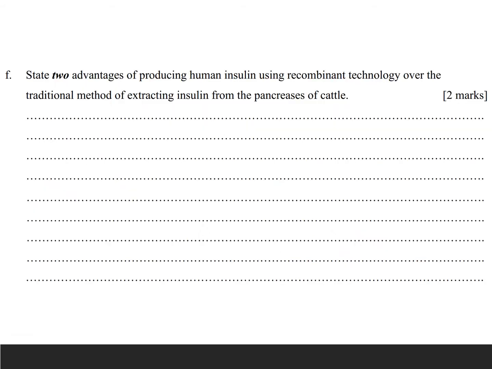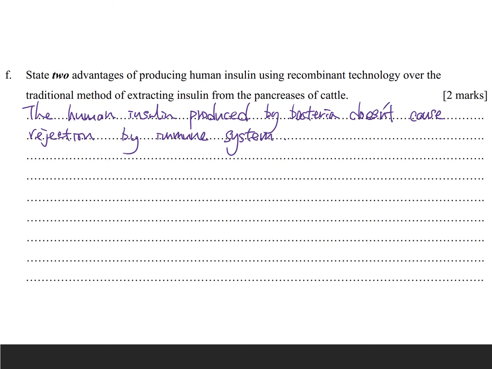Let's take a look at the questions from your classwork 28.1. Question F, state two advantages of producing human insulin using recombinant technology over the traditional method of extracting insulin from the pancreas of cattle. So what are the advantages of doing the recombinant technology? That includes, for example, insulin produced by the bacteria does not cause rejection by the immune system, or a large amount of insulin can be produced in a shorter time than extracting from the cattle pancreas.